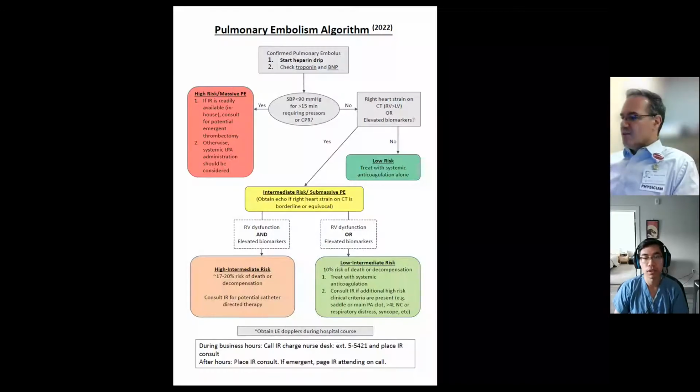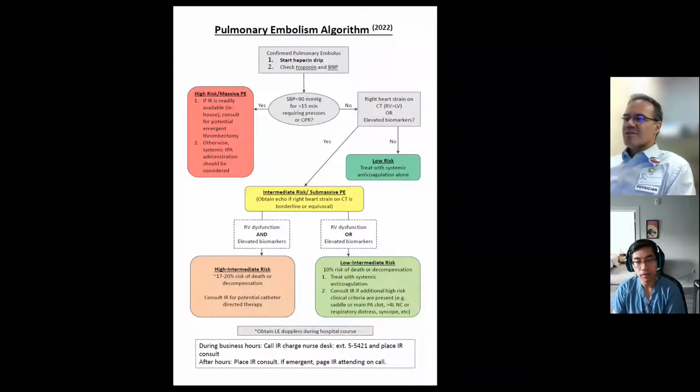And I'm gonna share this with everyone here, and we're just gonna talk through this real quick. We're gonna make this available for people in the moment on our SharePoint website. But this algorithm should be really easy to follow and should help people decide when their patient might be a candidate for interventional radiology with pulmonary embolism. So I'll go ahead and share this right now. There we go. Eric, why don't you tell us about this?